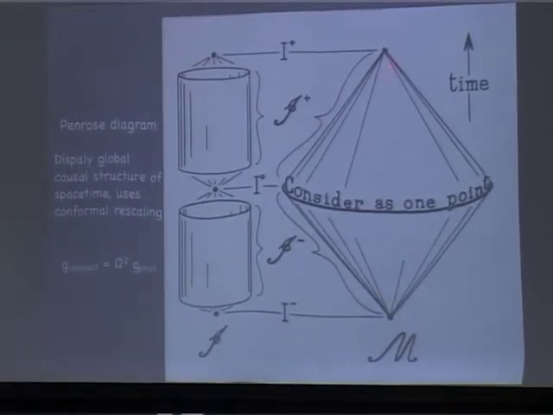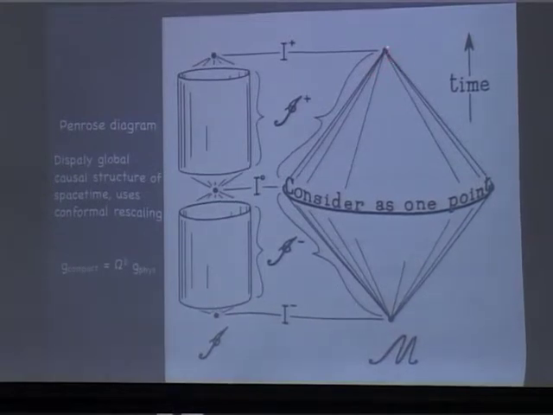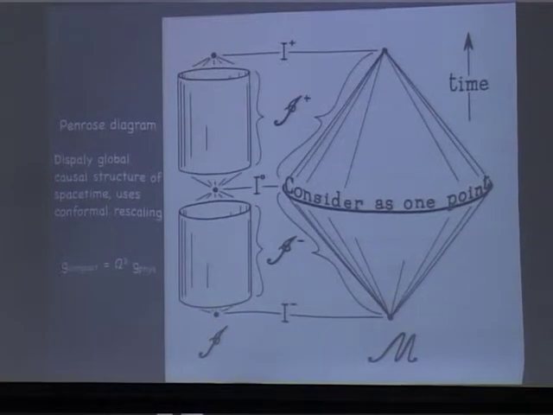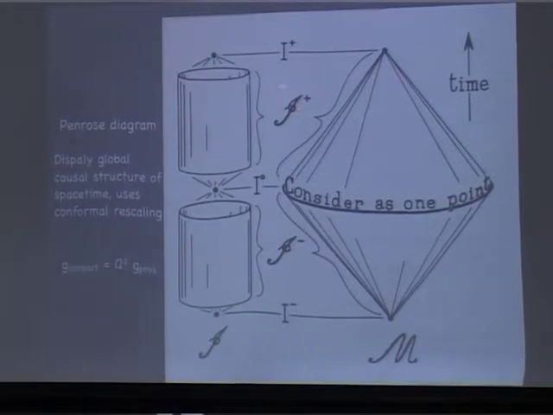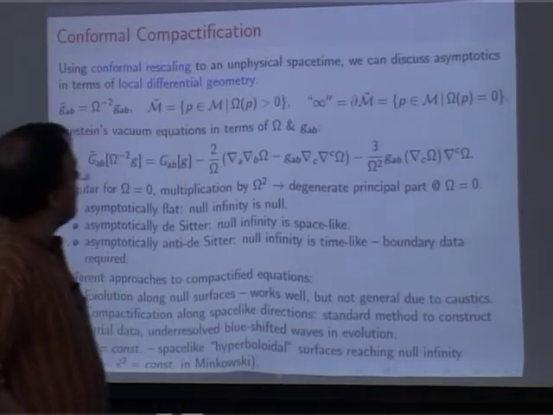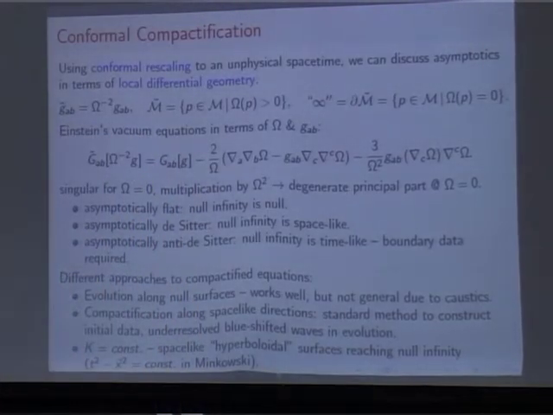We call future timelike infinity I plus, and the same thing for the past, I minus. I zero is spacelike infinity, which we can somehow consider as a single point. And then null infinity, where the photons go, we usually write with this script I, or short, scri. So that's the basic idea.